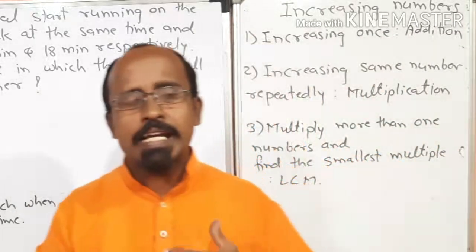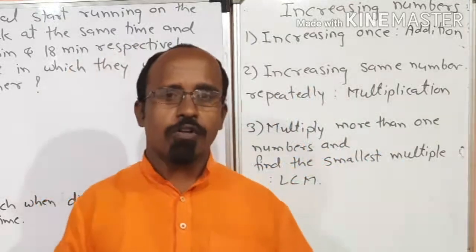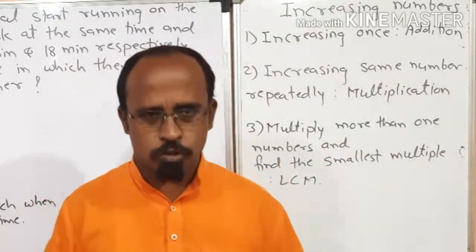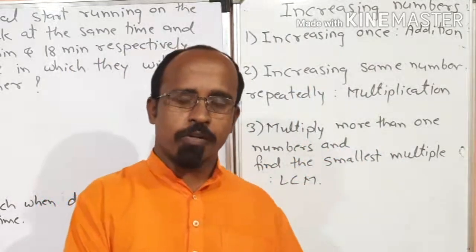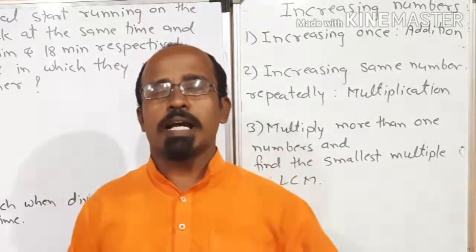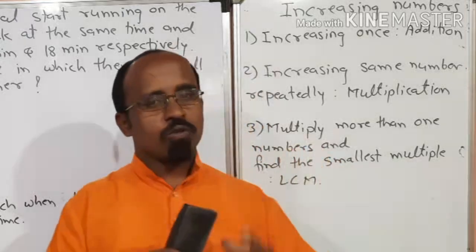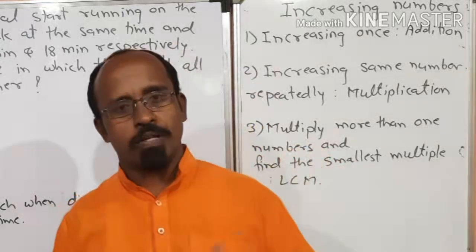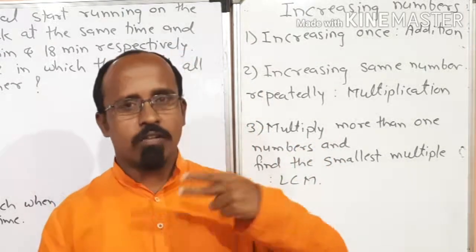But if numbers are increasing repeatedly with the same number, for example, we have to contribute for Ganeshotsav, and each house is contributing suppose 200 rupees. So how much money will be collected from 20 houses? How will be the operation? First house 200, second house 200, money will increase.